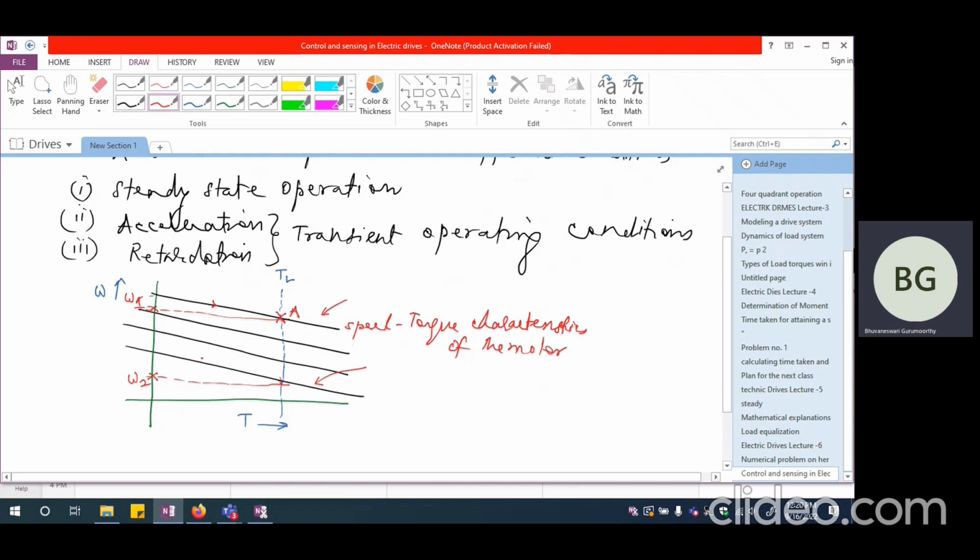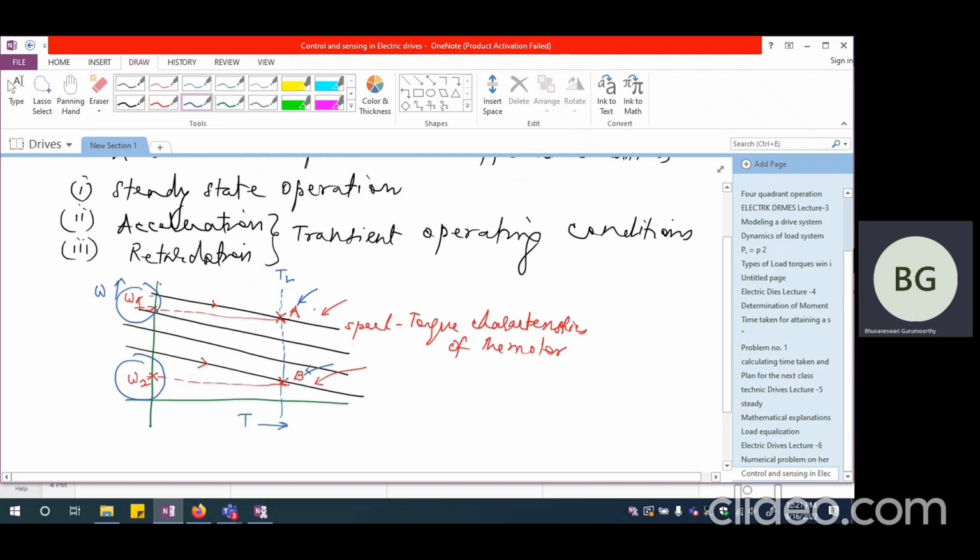Rather than that, if my motor is following this particular speed torque characteristics, then I'm going to have an operating point B. So the crux of the matter is I should be able to adjust the operating condition of the motor corresponding to operating point A or corresponding to operating point B. So my control of the motor drive, the control loop should act in such a way that either it operates in operating point A corresponding to speed omega 1, or it operates in operating point B, which is corresponding to the speed omega 2.